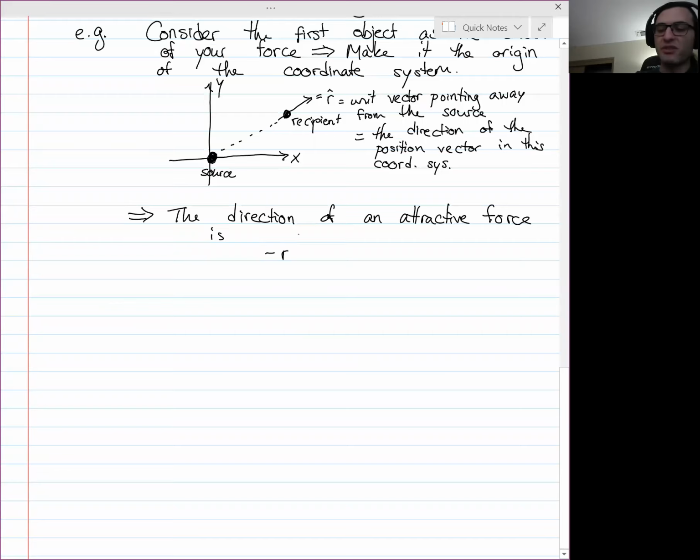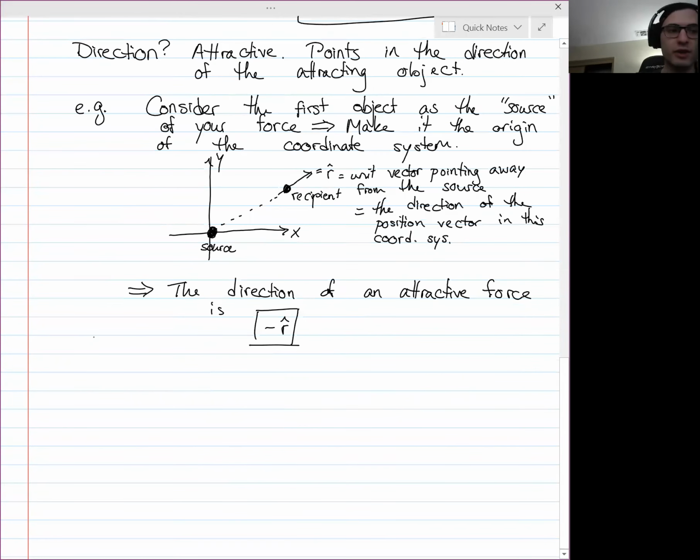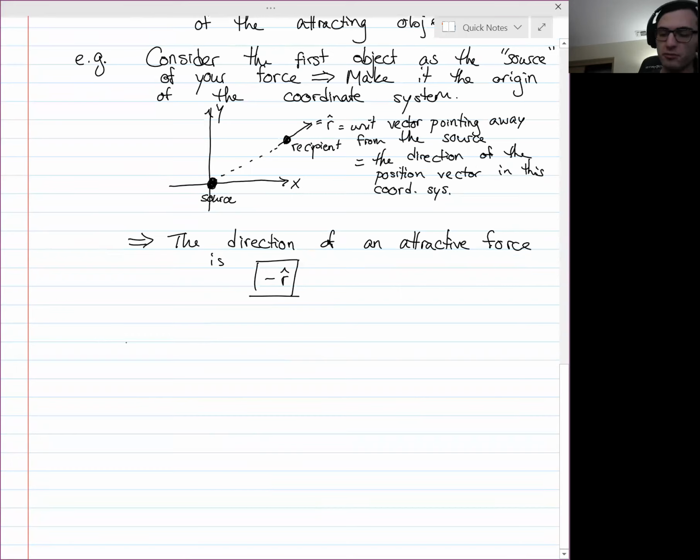You can always specify a direction as a unit vector, and so that's what I'm doing here. So we can combine the direction and the magnitude to get a formula for the force due to gravity. The formula for the force due to gravity is negative G m1 m2 over r squared times r hat.